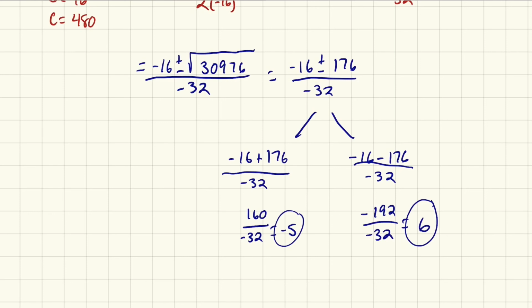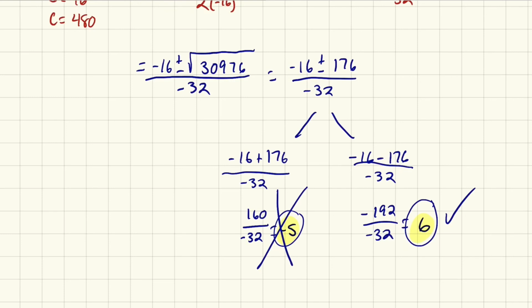So negative time is not a thing, right? Just like negative distance is not a thing. So out of our two possible answers, which we have right here at negative 5 and positive 6, negative 5 isn't going to work because negative time isn't possible. That means that our final answer is 6. How many seconds does it take for the ball to hit the ground?